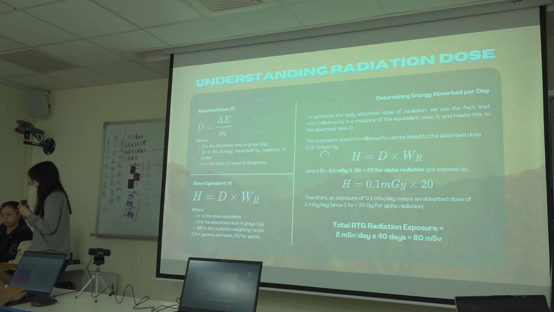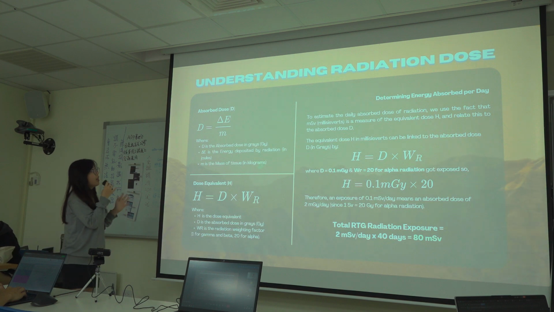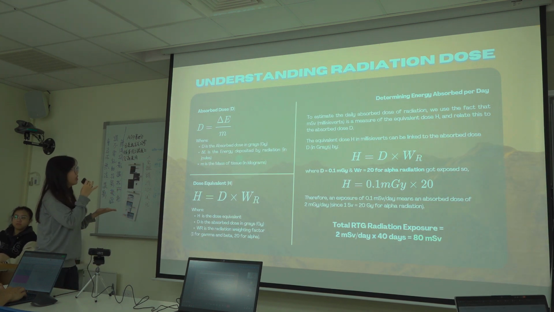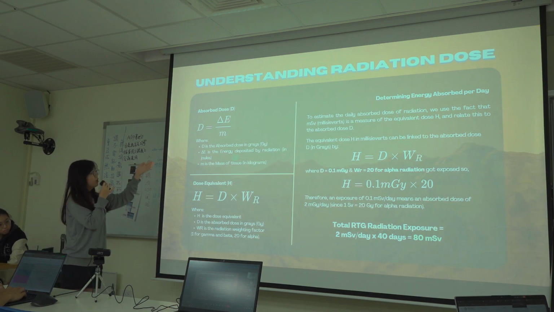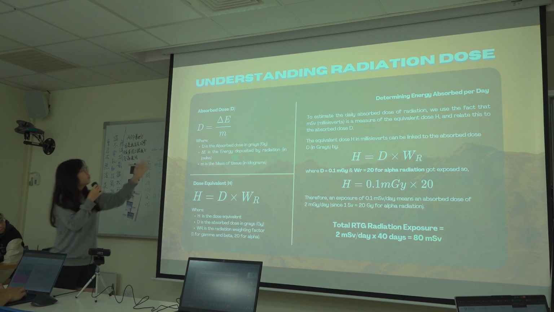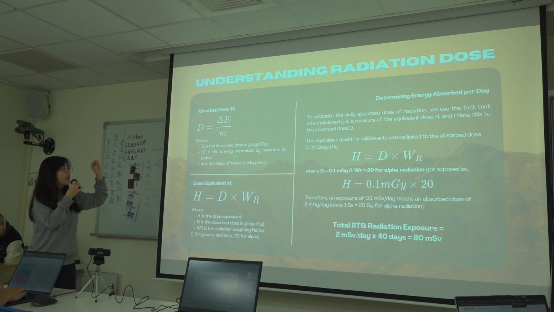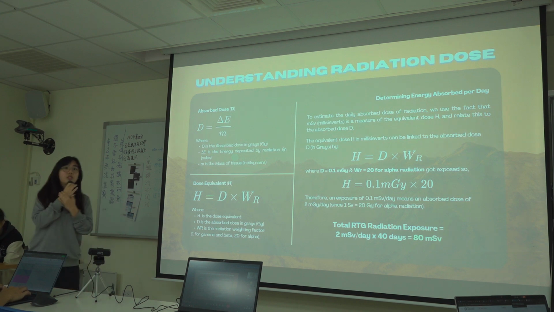Next slide. Okay, so before we get into what the relation is, we will briefly understand what radiation dose is. How radiation dose works is that there are two factors that I consider. The first one is the absorbed dose, and the second one is the dose equivalent. As we see in the PPT, the absorbed dose is the energy deposited by the radiation, which is in joules, over the mass of the tissue, which is our skin, how much our skin weighs.